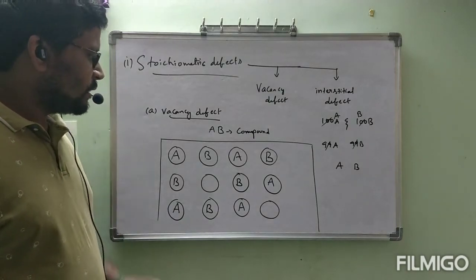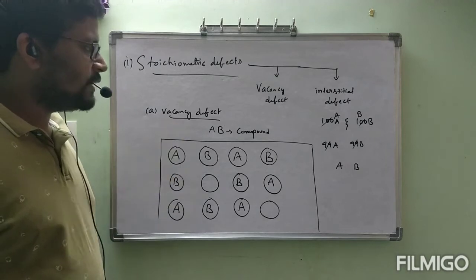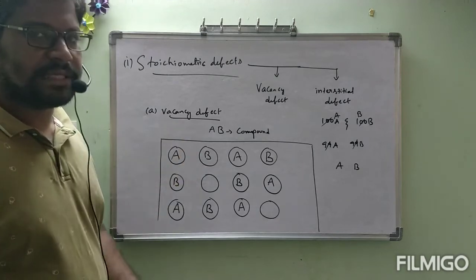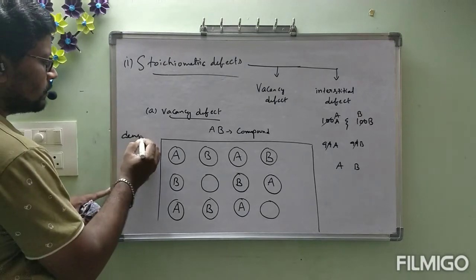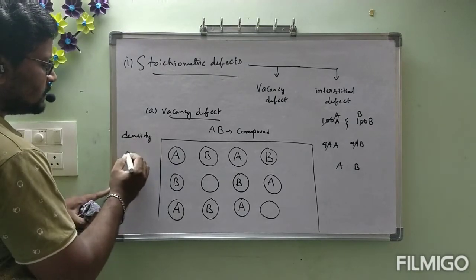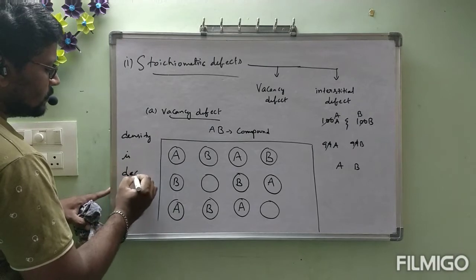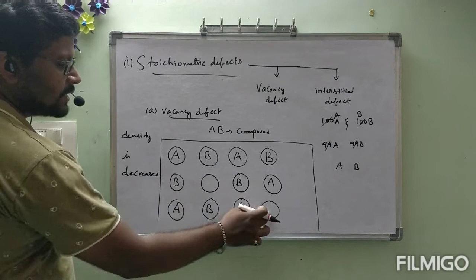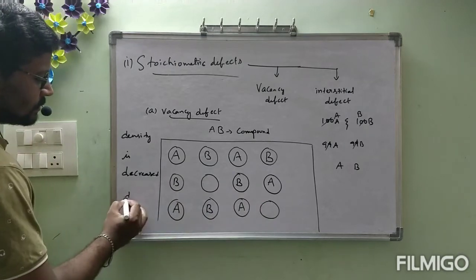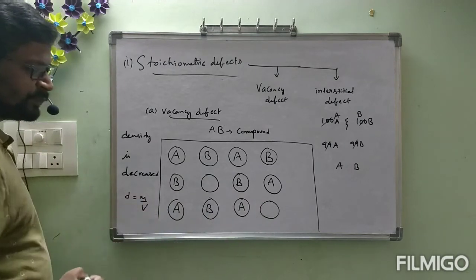Now, because of this vacancy defect, the density of the substance is decreased. Why? Here a gap is created. Density is equal to mass by volume.